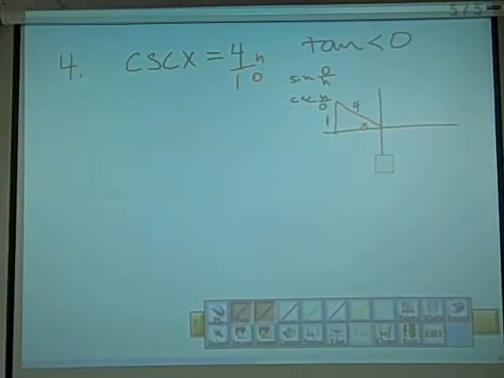So again, we're going to use the Pythagorean theorem. 4 squared equals 1 squared plus x squared. And this time, we said that x is square root of 15. And since x is negative in quadrant 2, this will be a negative square root 15.